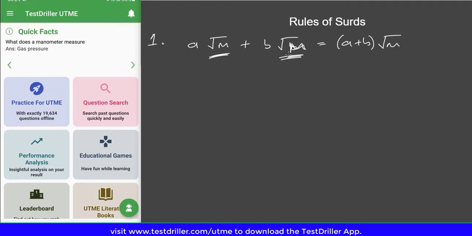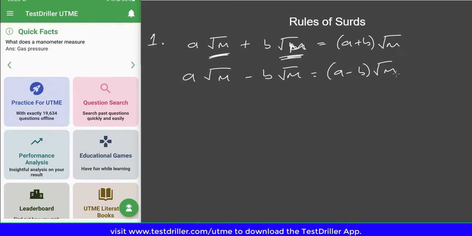It's like you are factorizing this root m. So you bring the root m out, then you add the integer part of the surd. The rule also applies to minus. So if you have a root m minus b root m, then you say a minus b, root m.